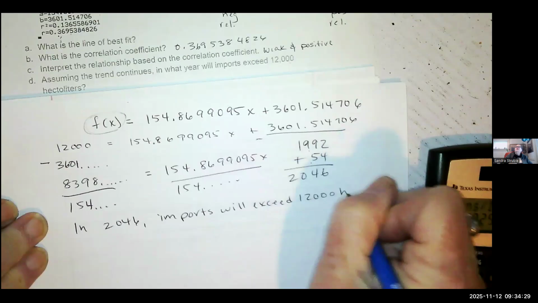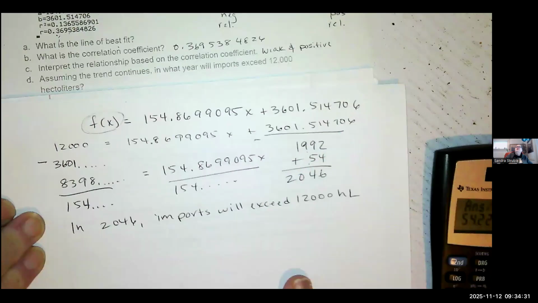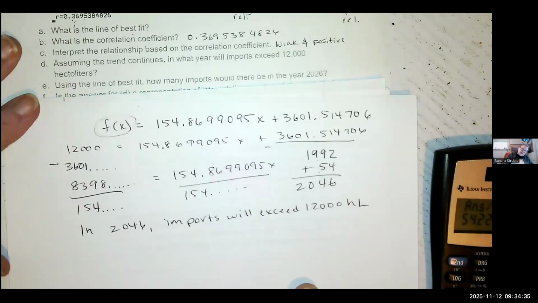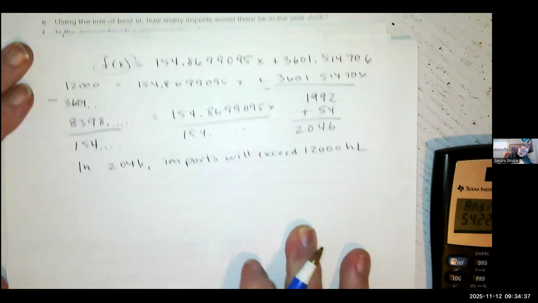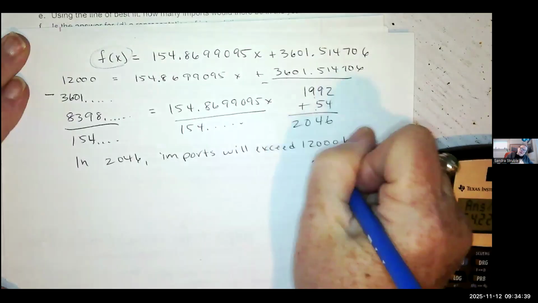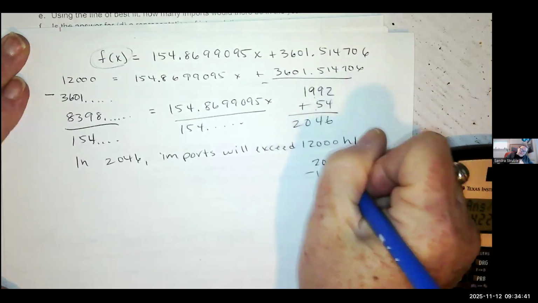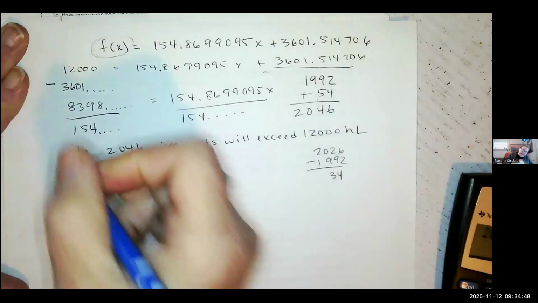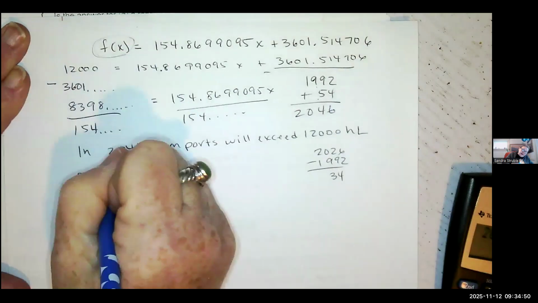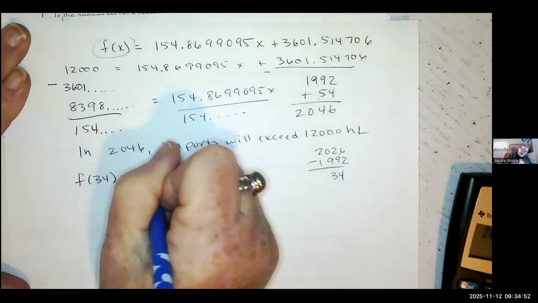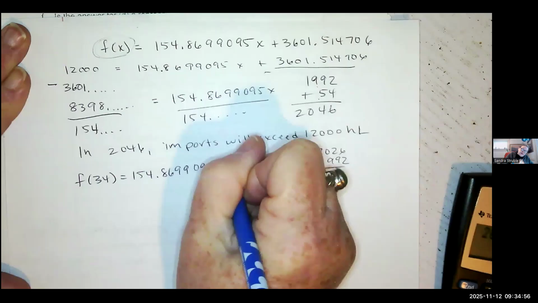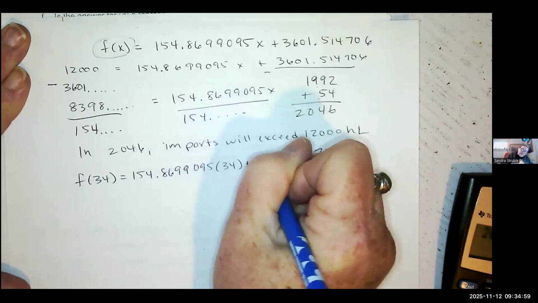All right. The next question is using the line of best fit. How many imports would there be in the year 2026? Well, we take 2026 and subtract 1992 when the first one happened. 34 years. So f of 34 is 154.8699095 times 34 plus 3601.514706.